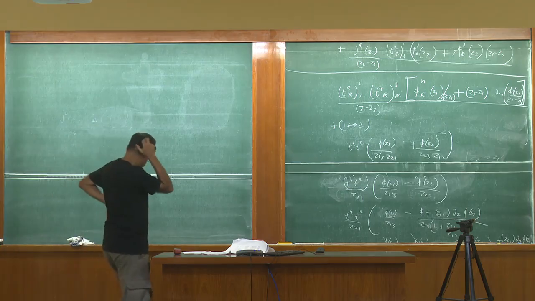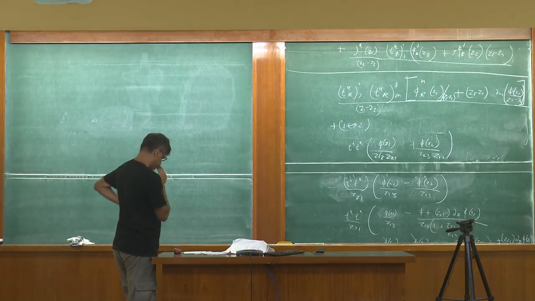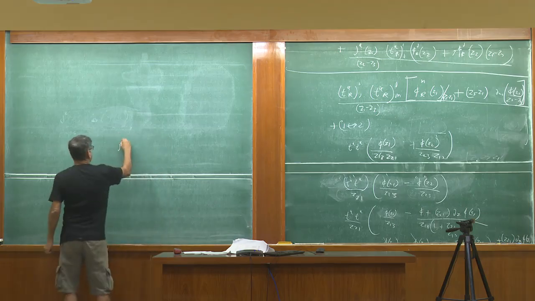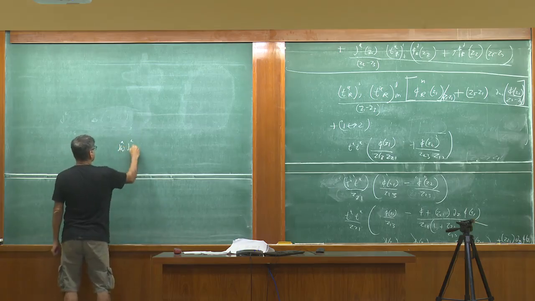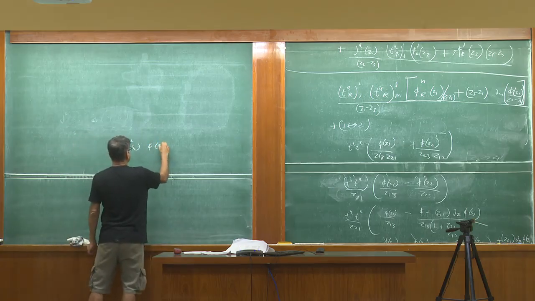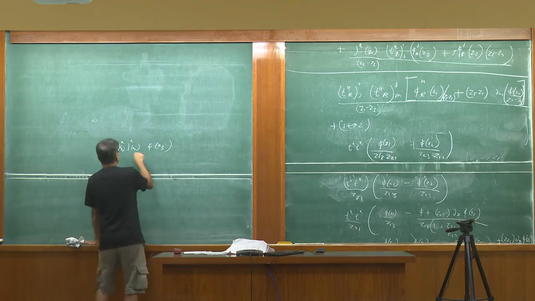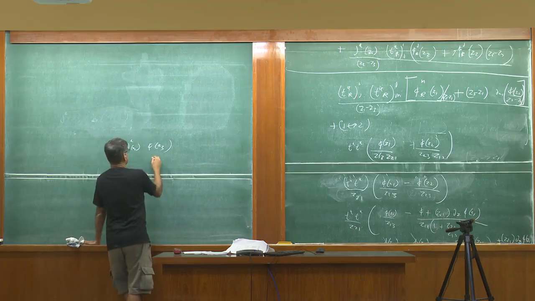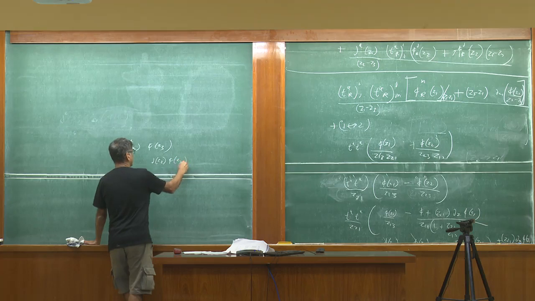You're saying keep the term that was regular, because you're going to hit it with another J. Okay, so let's see. Suppose I had JA of Z1, J of Z2, and phi of Z3. Let's say I do this guy first. So I will get, in addition to everything else, just J of Z2 phi of Z3 normal ordered.